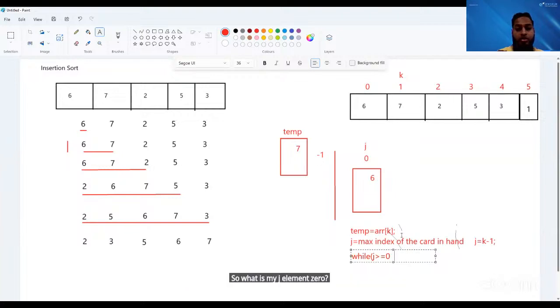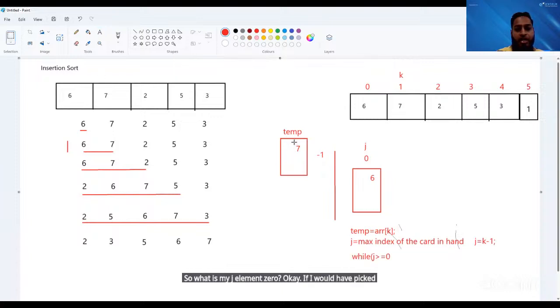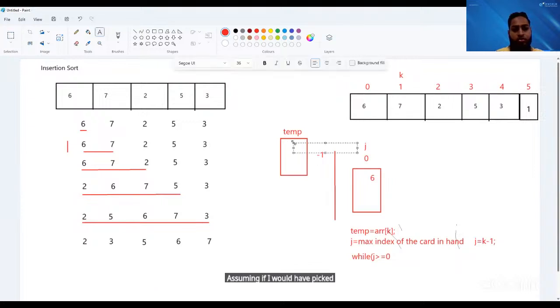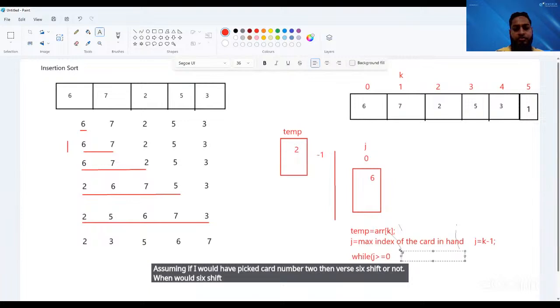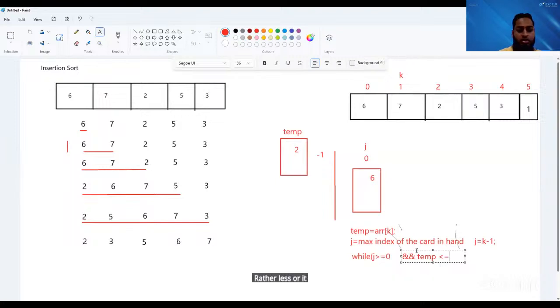0. Okay. If I would have picked my card number 2, then would 6 shift or not? So when would 6 shift? When my palm end has not been reached and my temp card is either less than or equal to the card at J index.